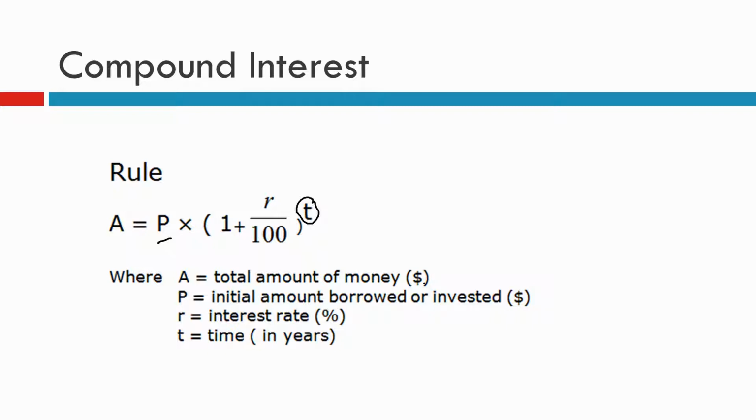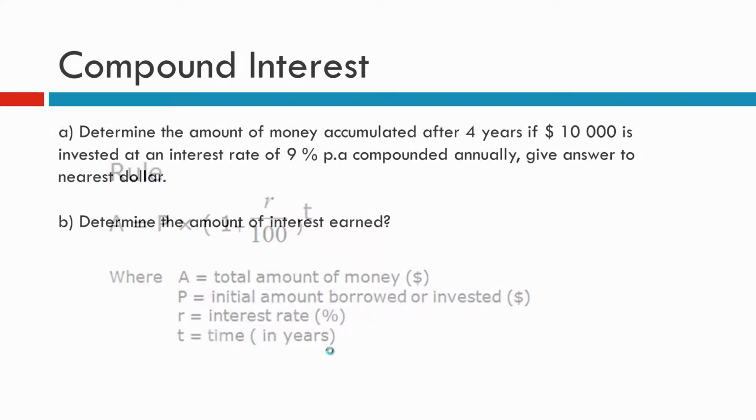P is the principal amount, or the initial amount that you either borrow or invest. And R is the interest rate, which is usually a percentage. And your T is for time. That is always in years, guys. Do not forget that. And if they ask for monthly, you need to convert that.